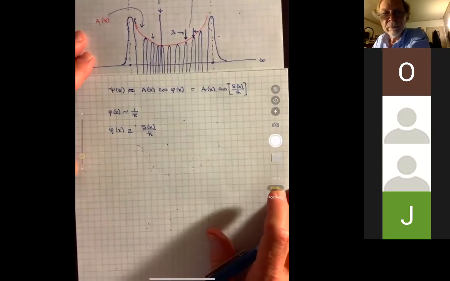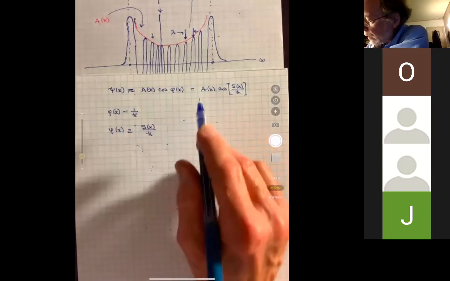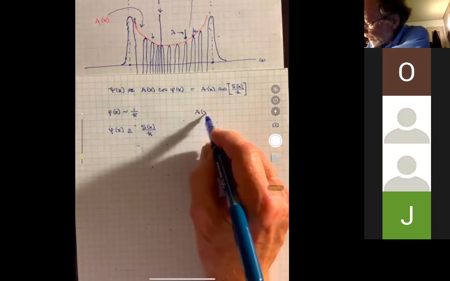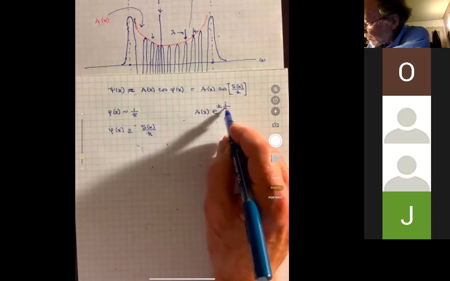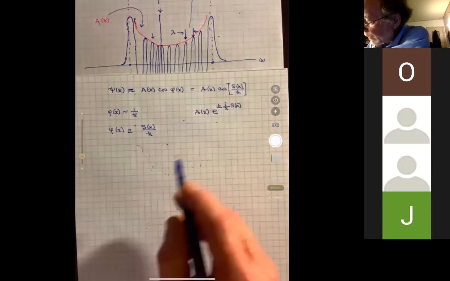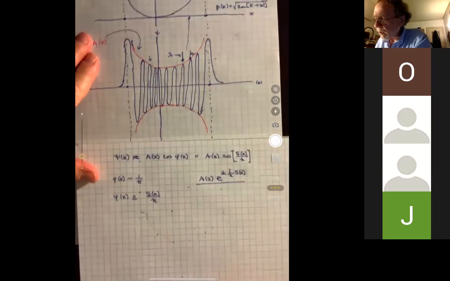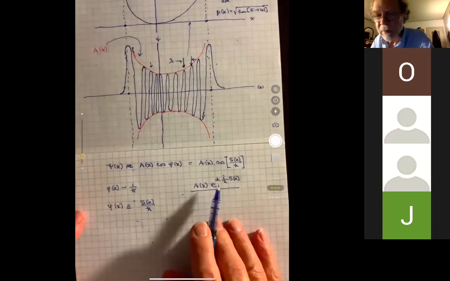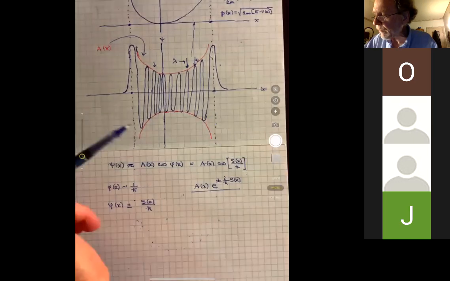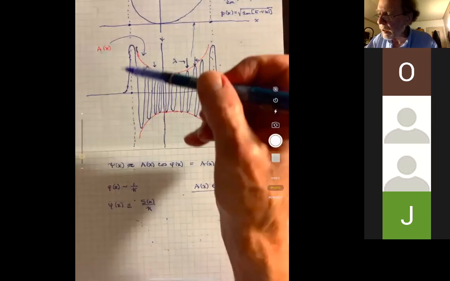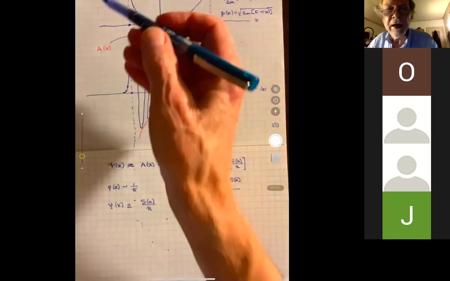This cosine, of course, is a linear combination of two complex waves. They would look like this: A of x times e to the plus and minus i over h bar s of x. A linear combination of these complex waves. And as we'll see when we get further along, these two waves with the plus and minus sign represent WKB waves, one of which is traveling in this direction and the other in that direction, corresponding to classical particles that are moving this way and those that are going back on the return half.